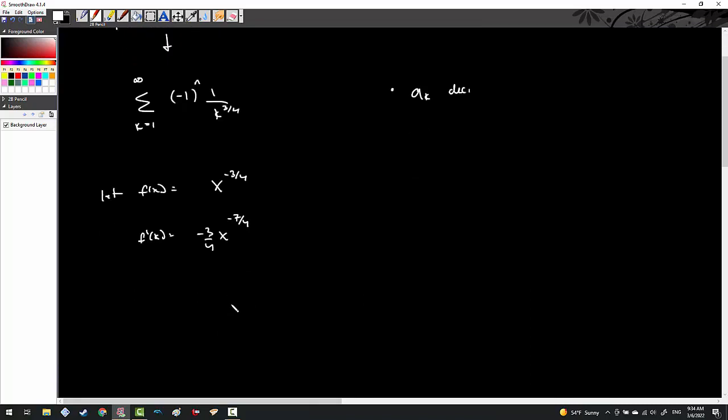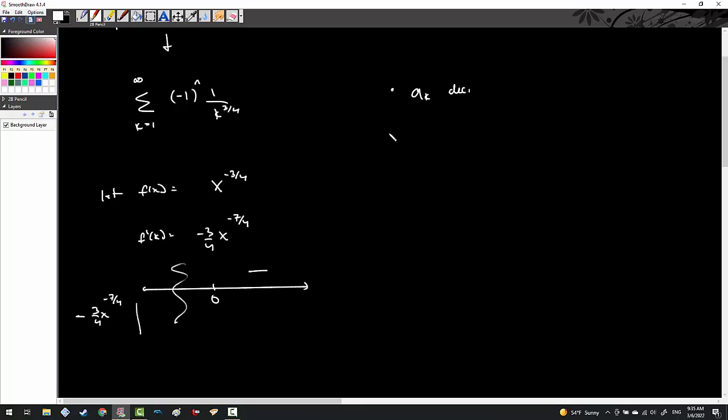And so my only critical number here would be 0 in this case. The -3/4 x to the -7/4 would be non-existent on the left side, right? Because we can't plug in negative values. But it definitely would be negative for everything that we plugged in that was bigger than 1. So it's definitely negative here.